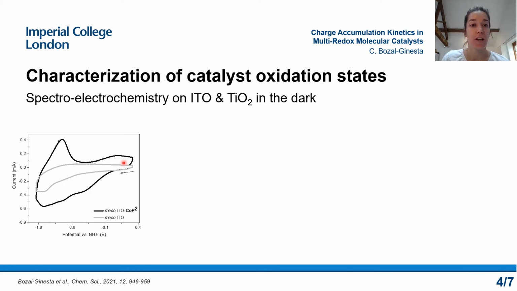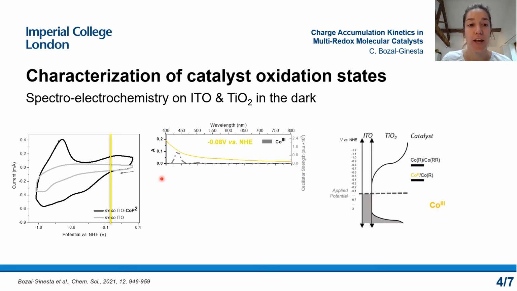So the natural step from here was to characterize the different intermediate states of CoP2: cobalt-3, cobalt-2, and cobalt-1. So we did a cyclic voltammetry on ITO, which is transparent in the UV-Vis, and we assigned the 2 redox waves that we observed to the 2 redox processes of CoP2.